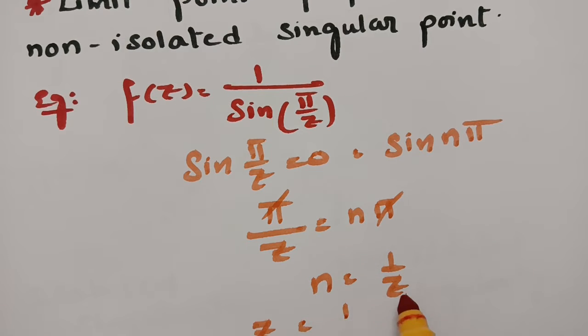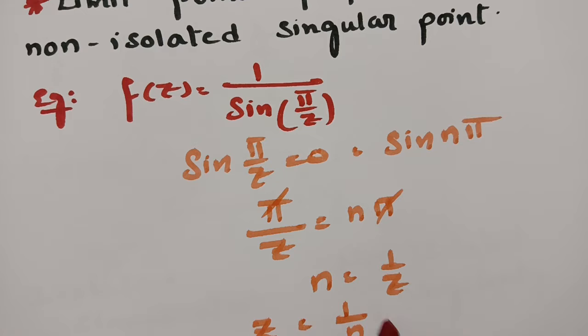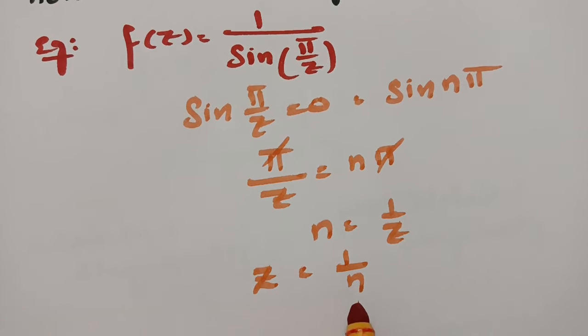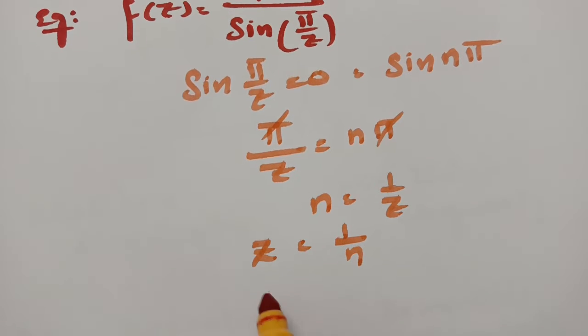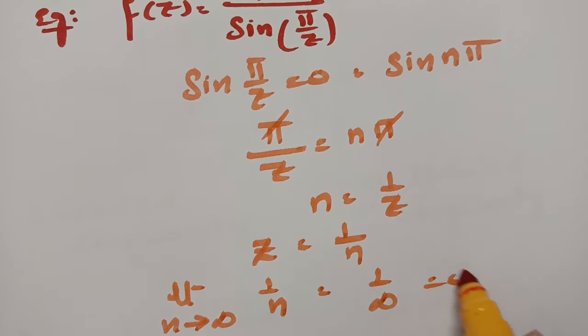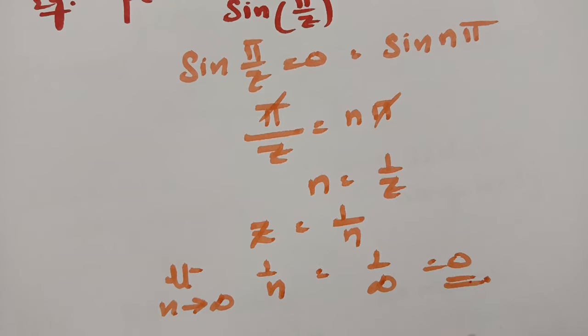So z is equal to 1 by n. So the limit point of this z is equal to 1 by n will be the non-isolated singular point. So if you find the limit, that is limit n tends to infinity of 1 by n, so 1 by infinity, the value here is 0. So here 0 is a non-isolated singular point.